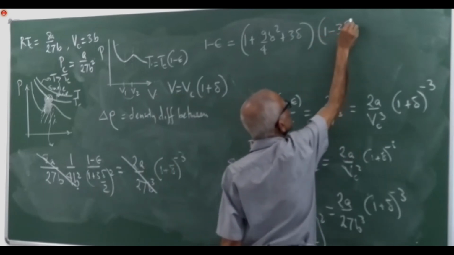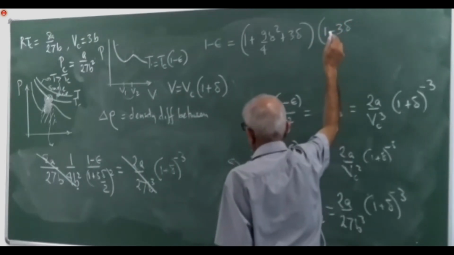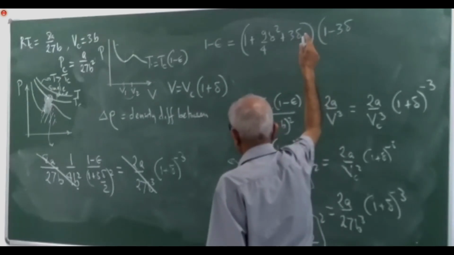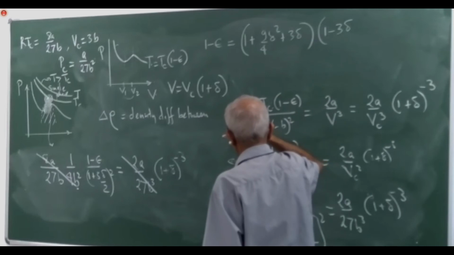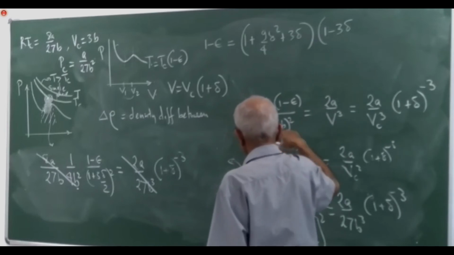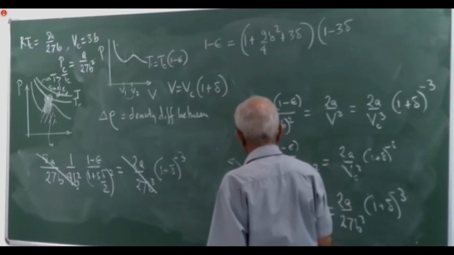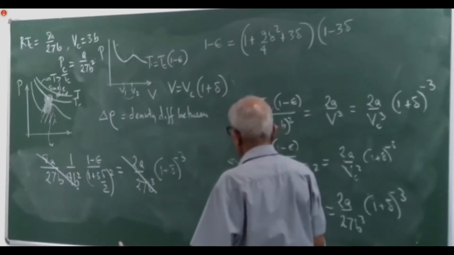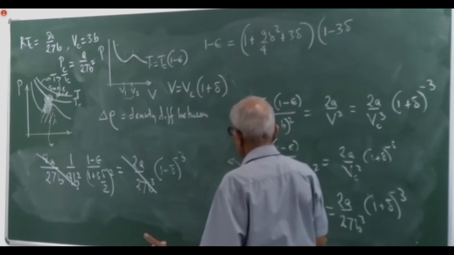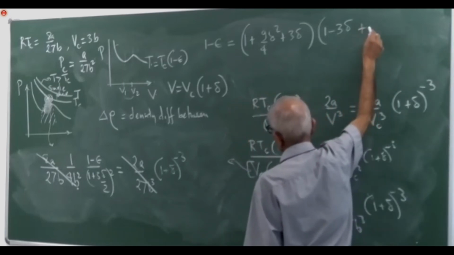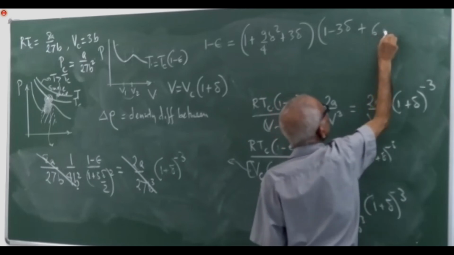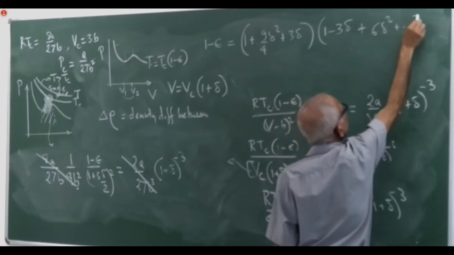It is 1 minus 3 delta, and then the next term is, from 1 plus n x plus n into n minus 1 by 2, so that is minus 3 times minus 4 by 2, that should be 6. So plus 6 delta squared and so on.